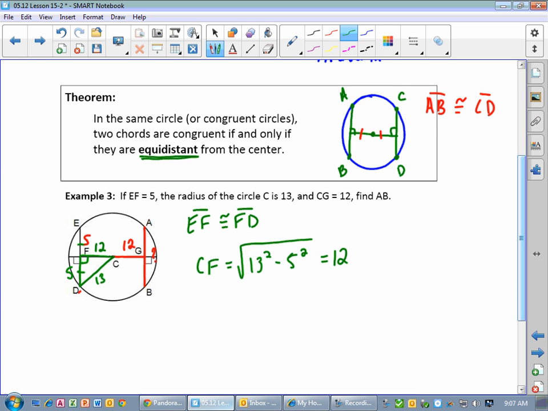So based on this theorem, if we look at this, the distance from the center to chord ED is equal to the center to chord AB, right? So I'm going to say CF is equal to CG. So what conclusion can I make?